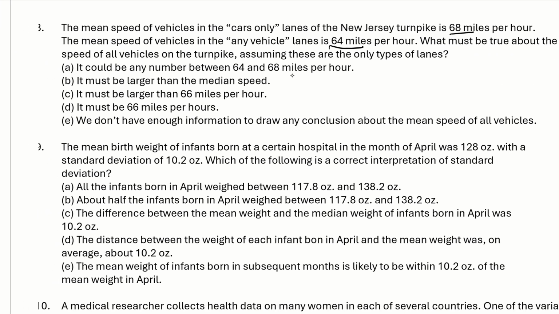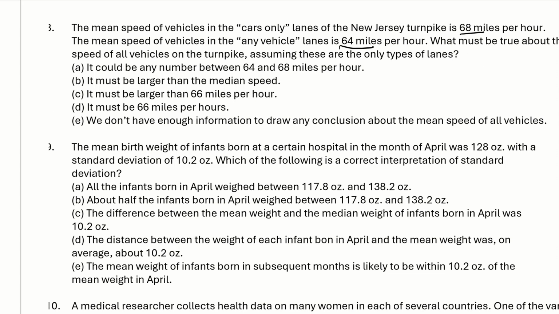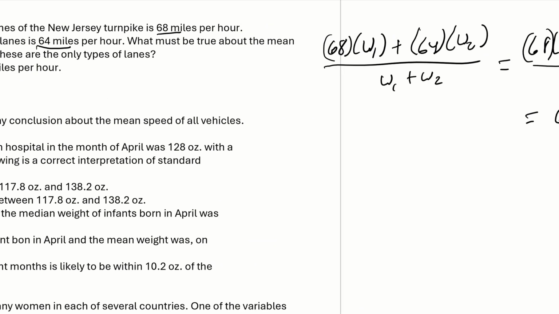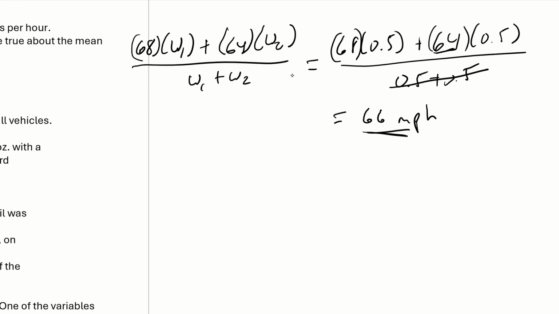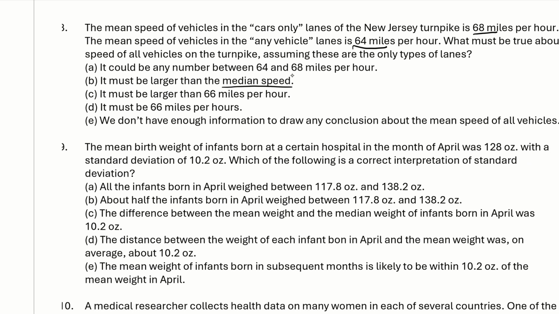So it says it must be larger than the median speed. That's not necessarily true. We actually can't determine that. The median is at the 50% mark, right? And it might be 66, depending on how many there are. So we can't determine that because we don't know how many traveled at each speed.